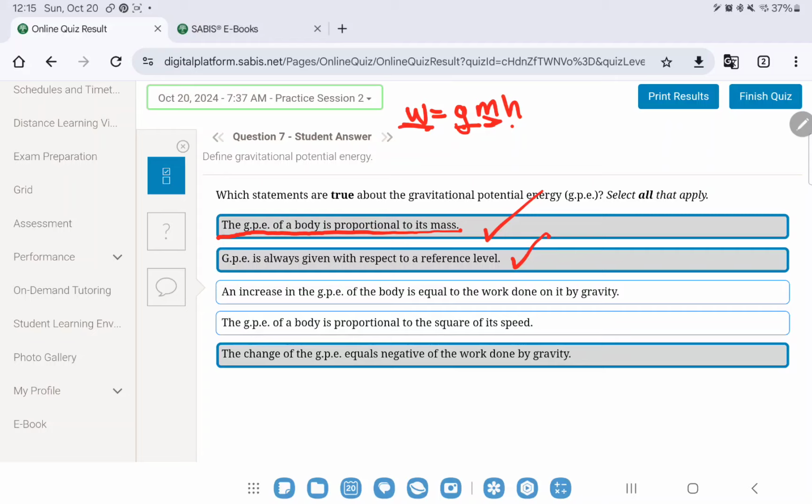So an increase in GPE equals a decrease in gravity, the negative work done by gravity. As you can see in this option, the change of GPE equals the negative of the work done by gravity. GPE is proportional to the square of its speed. Nothing mentioned speed in this equation, so definitely not. Let's move on to the next one.